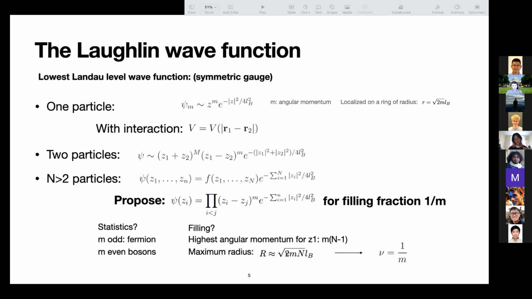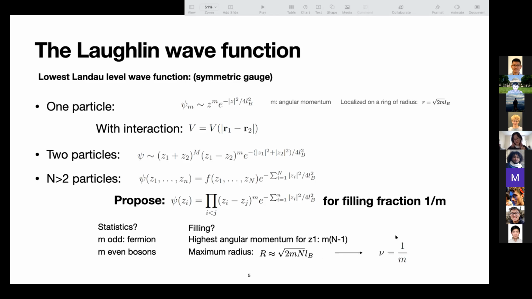In the thermodynamic limit, when n goes to infinity, we throw out this -1, and this is the maximum radius for the Hall droplet. And we have n particles in total, so we can compute the filling fraction of it. It will simply give us 1 over m.